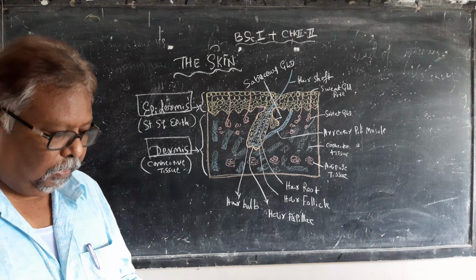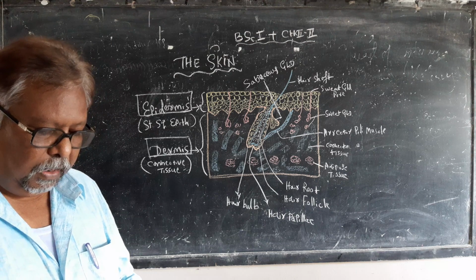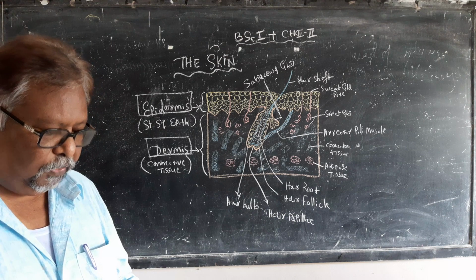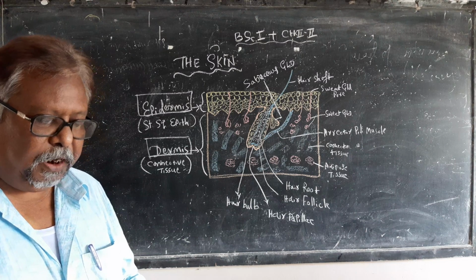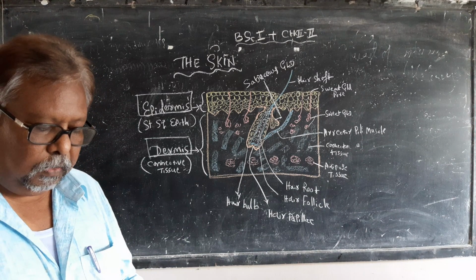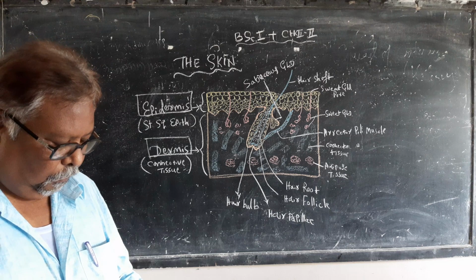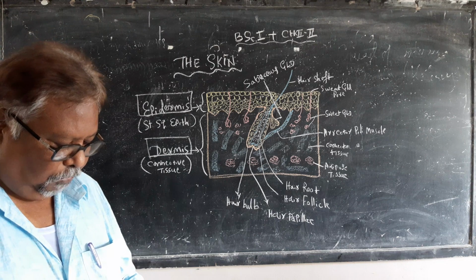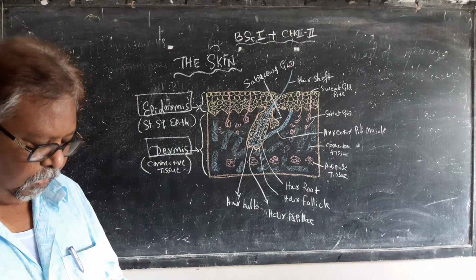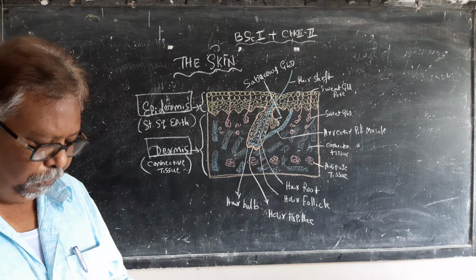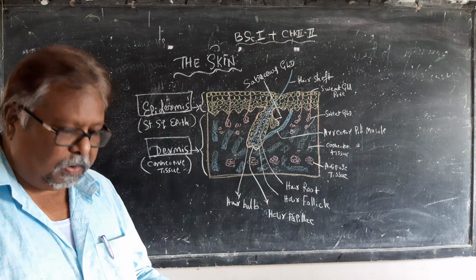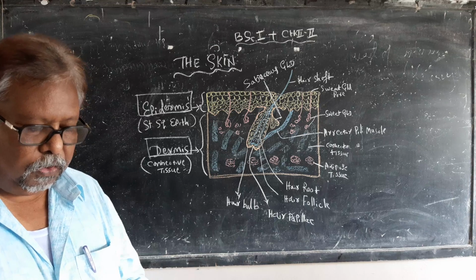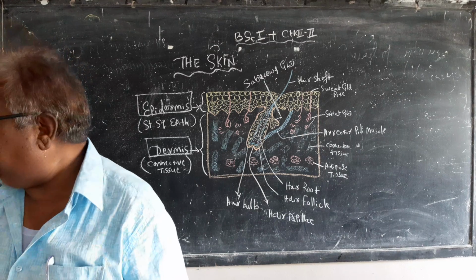Now, the epidermis and the dermis are the two portions of the skin, and the epidermis is made up of five layers. They are stratum basale, stratum spinosum, stratum granulosum, stratum lucidum, and stratum corneum. So all we have studied already.